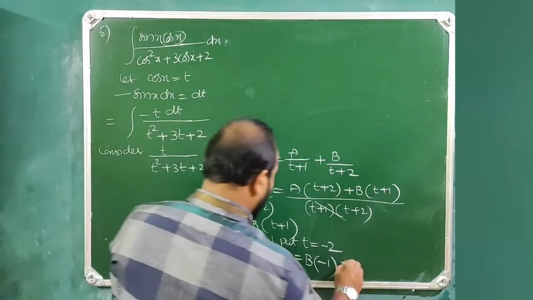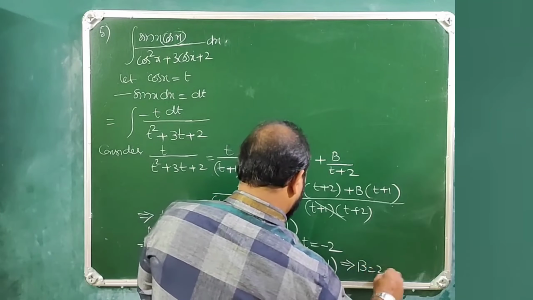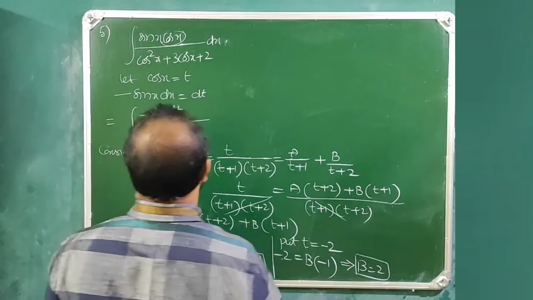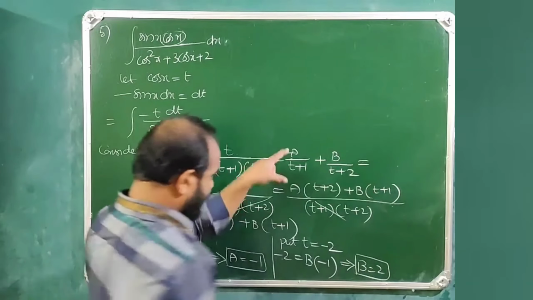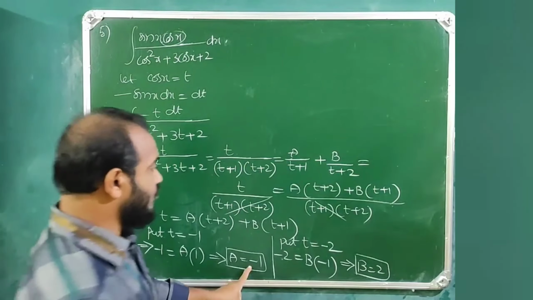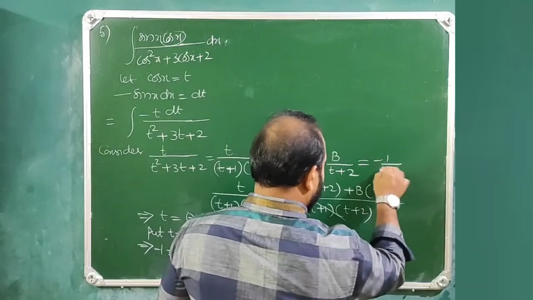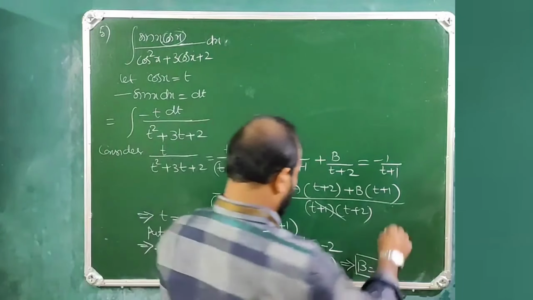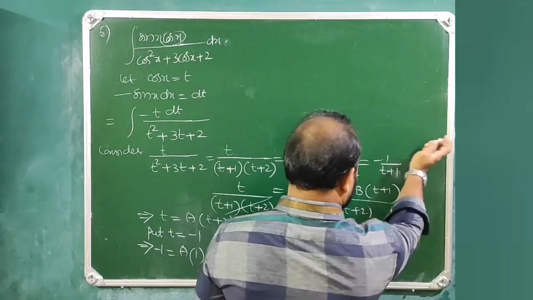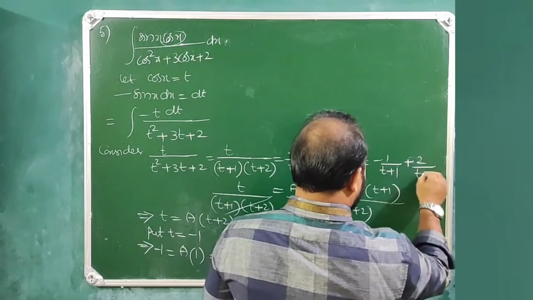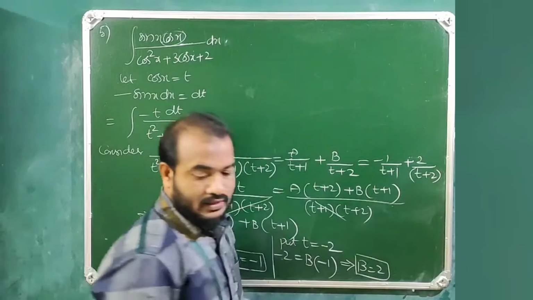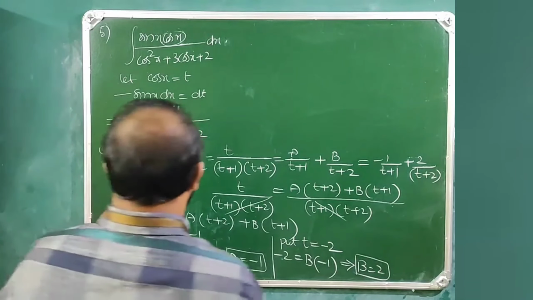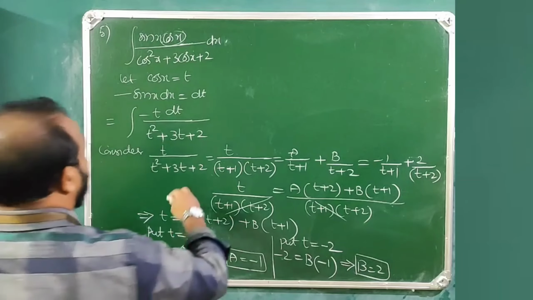So from this b is equal to 2. Therefore a is minus 1 by t plus 1 and b value is 2 by t plus 2.